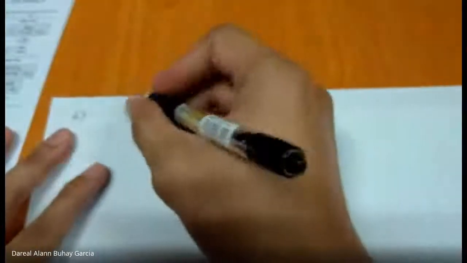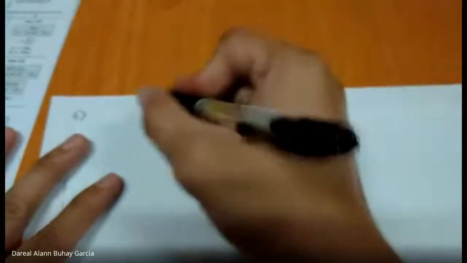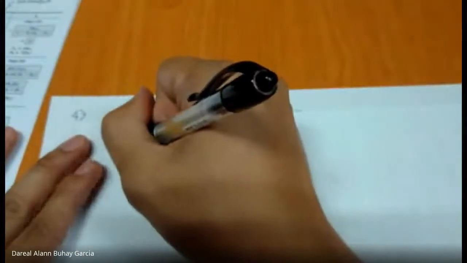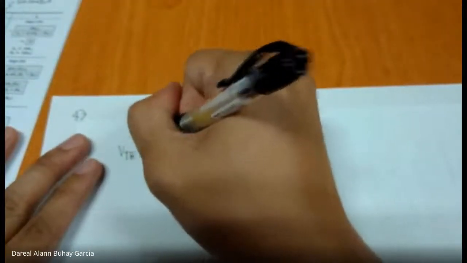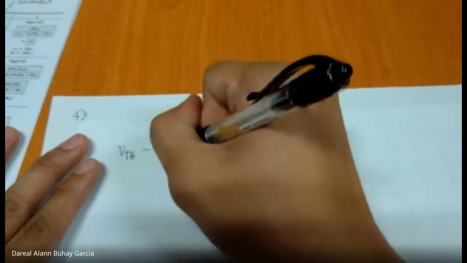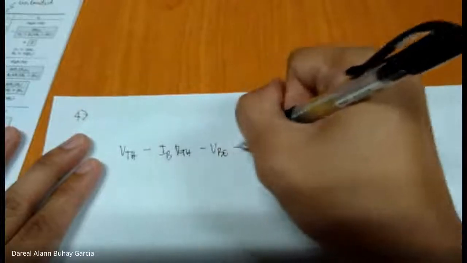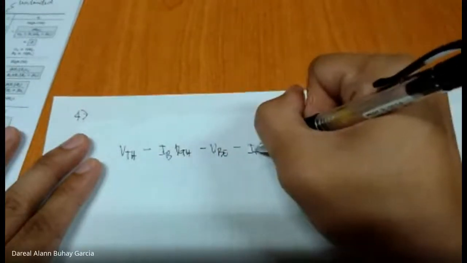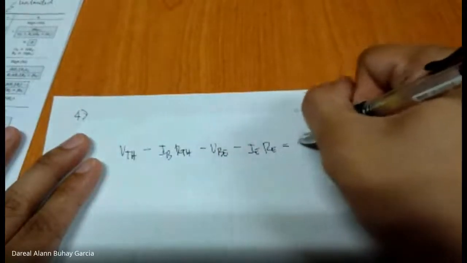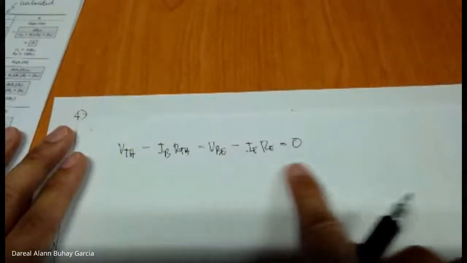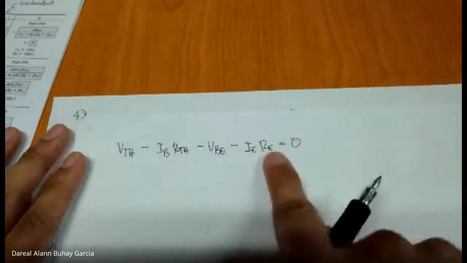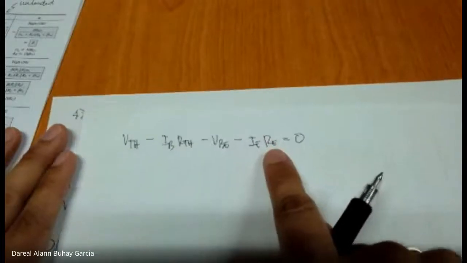Remember, di ba, sa voltage divider bias, to get VB, VTH minus IB RTH minus VBE minus IE RE is equal to 0.